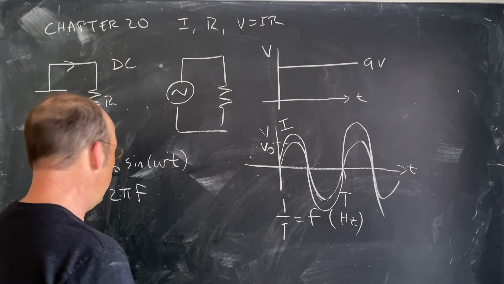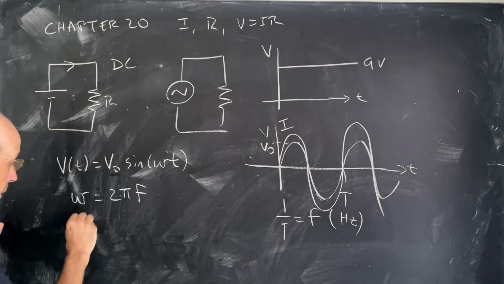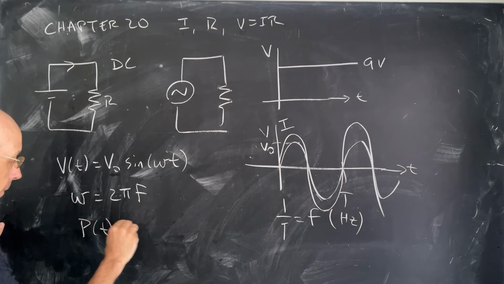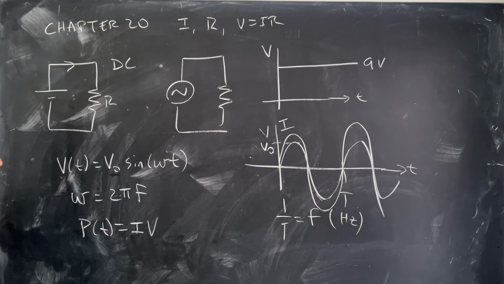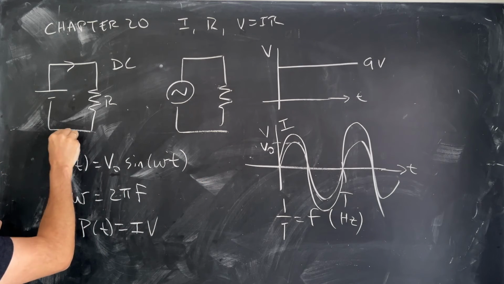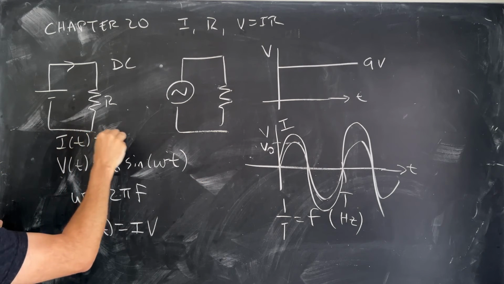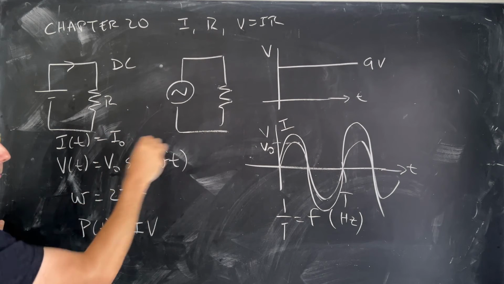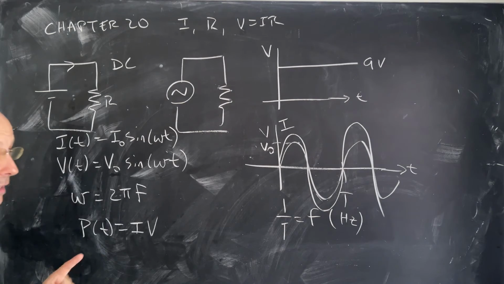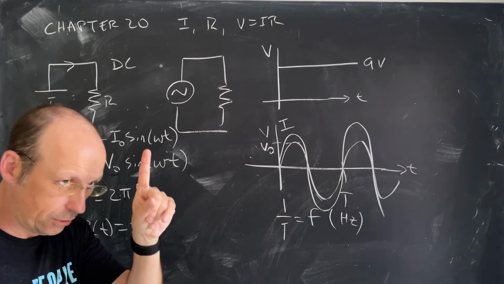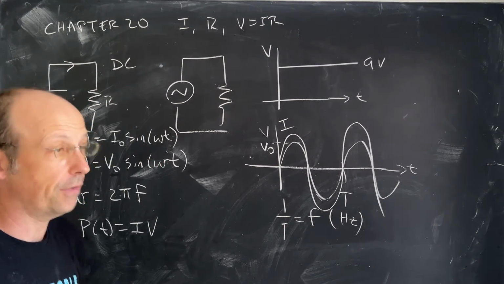I can use that to calculate the power as a function of time. It's going to be I times V. But this current, I, as a function of time, would be I0, the amplitude of the current, sine omega t. Now, this is not always true. AC circuits can do weird stuff, but we're doing not weird stuff right now.